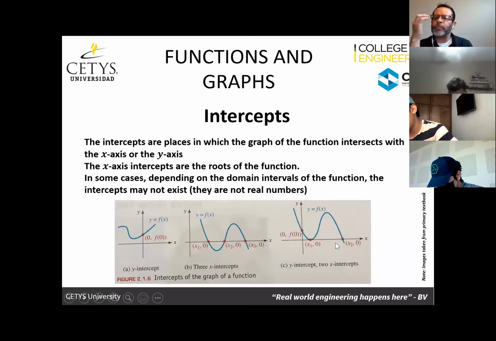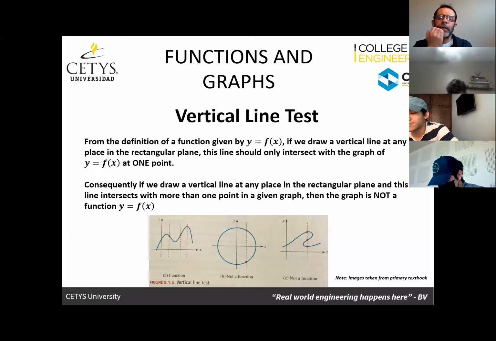One of the important things about a function is the intercepts. The intercepts are points where the function crosses either the x or the y axis. We call them the x-intercepts and the y-intercepts, and they're basically points where the graph crosses either of the axes.